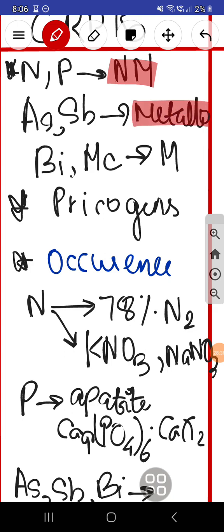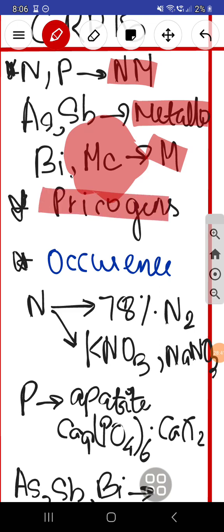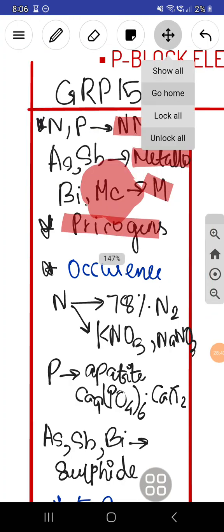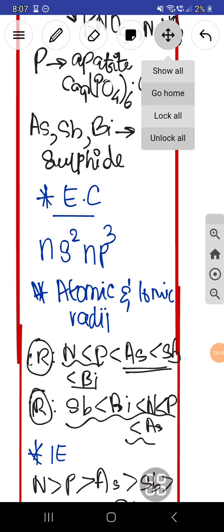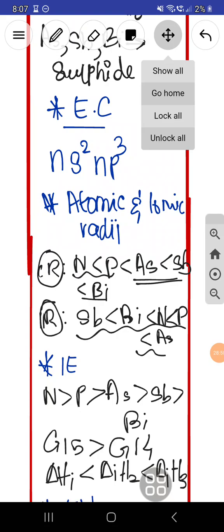Then bismuth and moscovium are metals, but moscovium is a man-made metal. It is radioactive. This group is also known as pnictogens. Then we learned about its occurrence, and then electronic configuration, it is having extra stable electronic configuration.